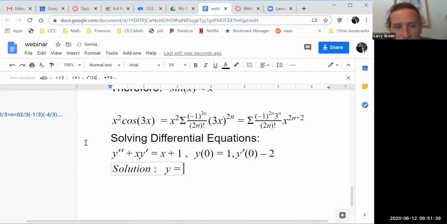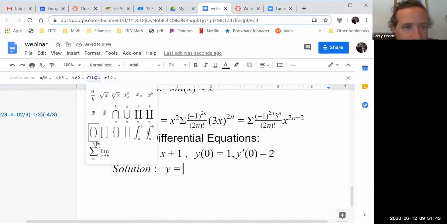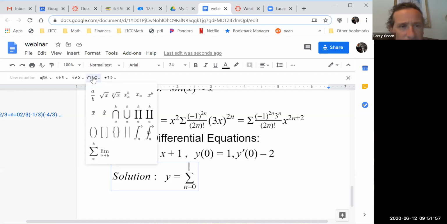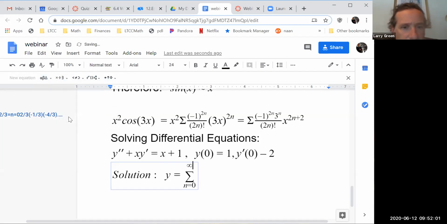y is equal to the sum, this time I need the numbers for a reason I'll talk about in a bit, n equals 0 to infinity of a sub n x to the n.